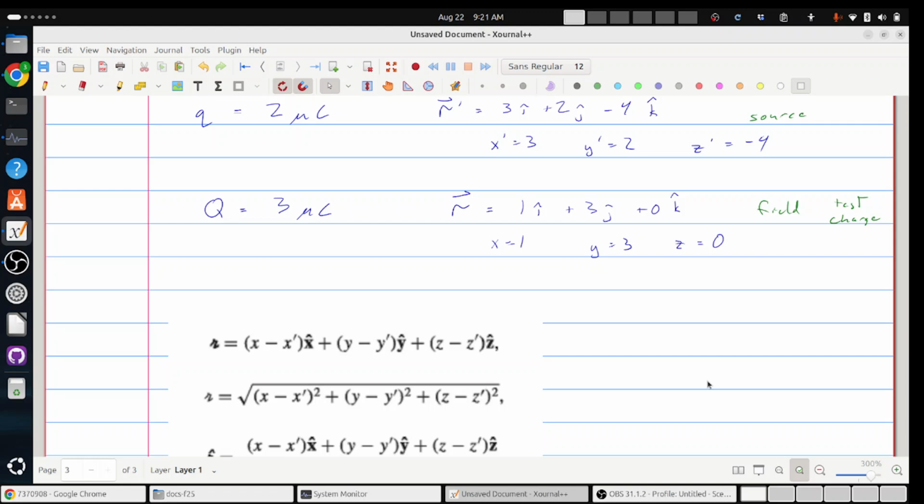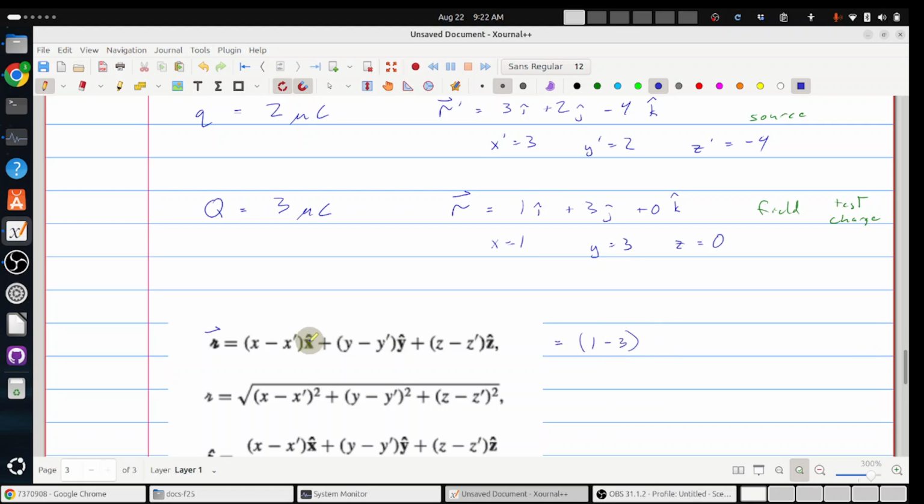Now for our separation vector, and I just want to remind you guys here that the textbooks use boldface as being a vector. Because I can't do boldface very well, I put the arrow over the top to say this is a vector. It's got components in each direction. So if I was going to do this, my x is 1, my x prime was 3.